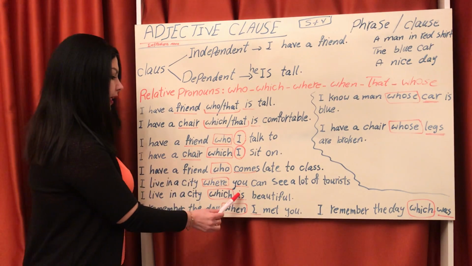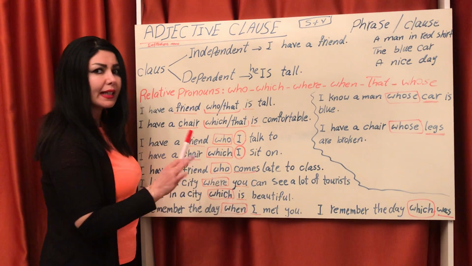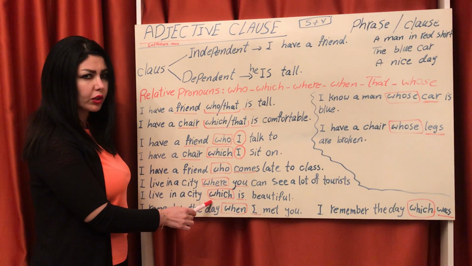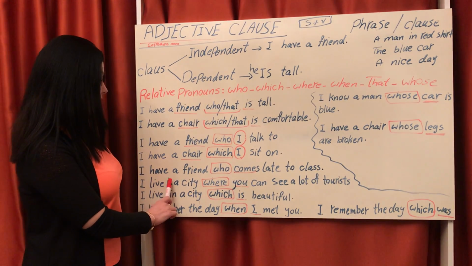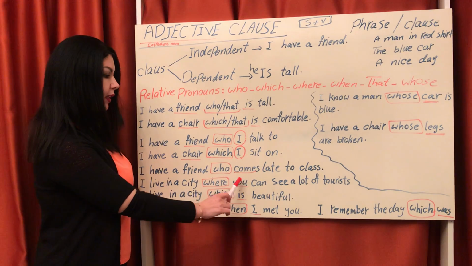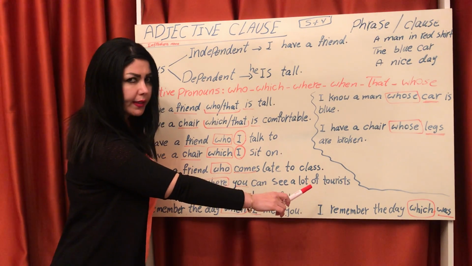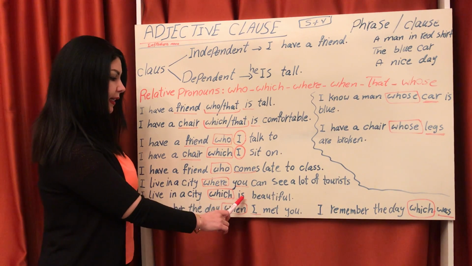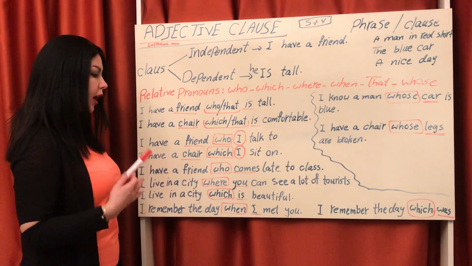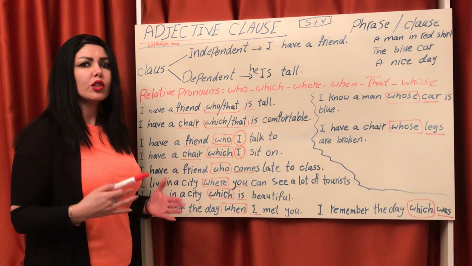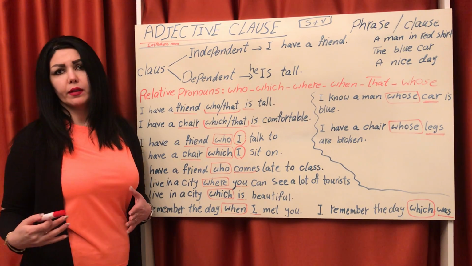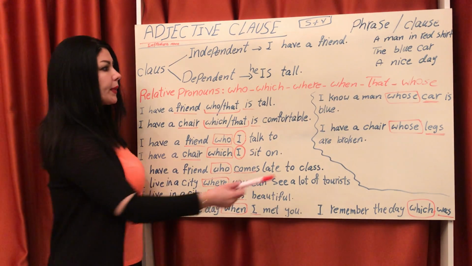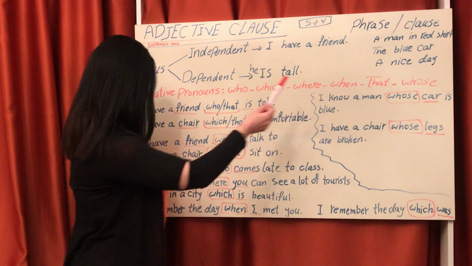If we have a to be verb, instead of where we have to use which. I live in a city which is very big. Now about time. For time we use when.